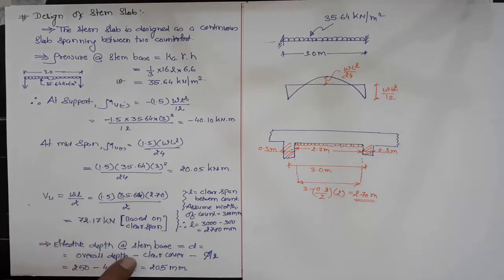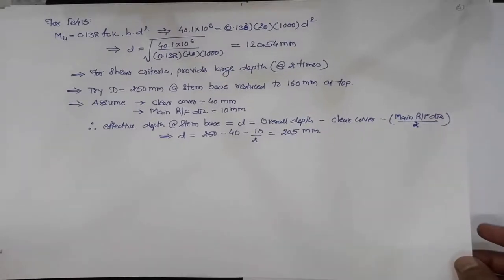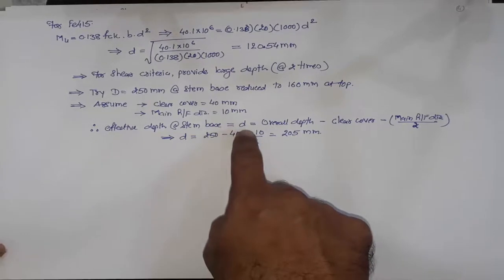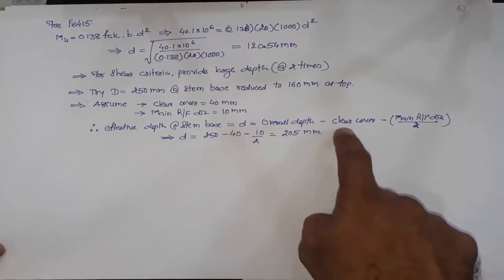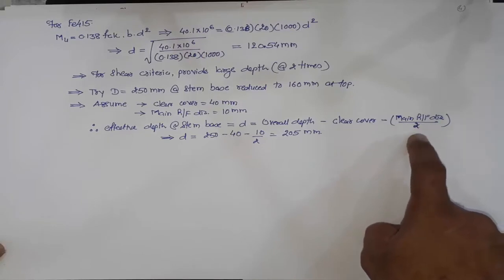Now, effective depth, this we have calculated while preliminary designing of our stem slab. Let's see that. This is what we have done in our last lecture. Effective depth of stem base will be equal to overall depth minus clear cover minus main reinforcement diameter divided by 2.